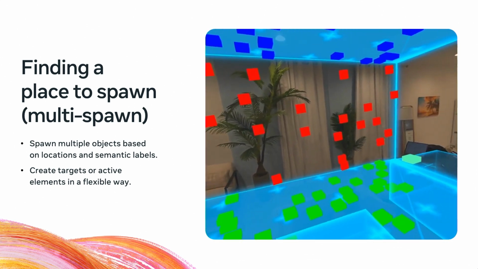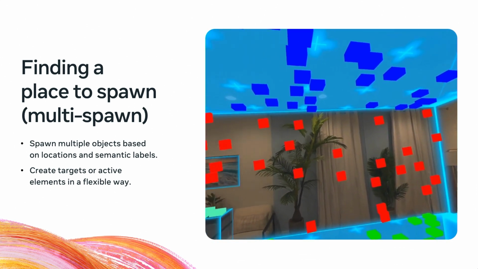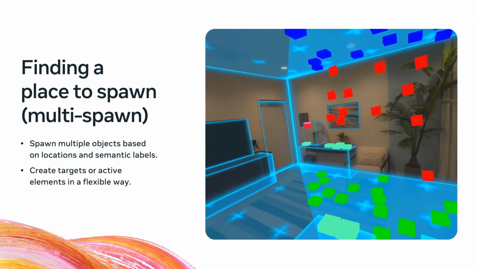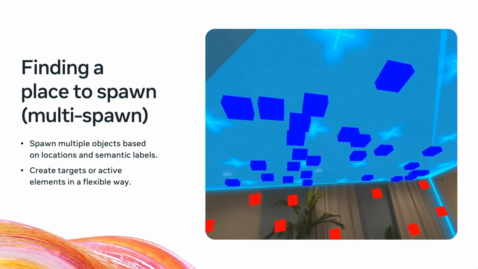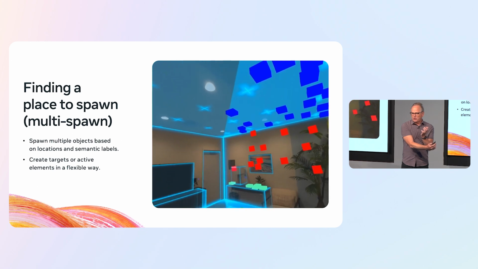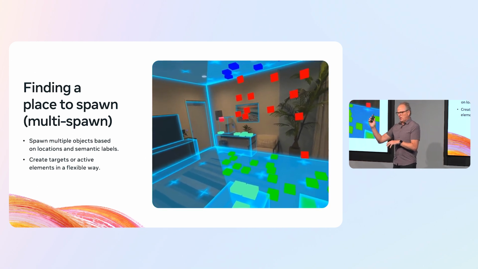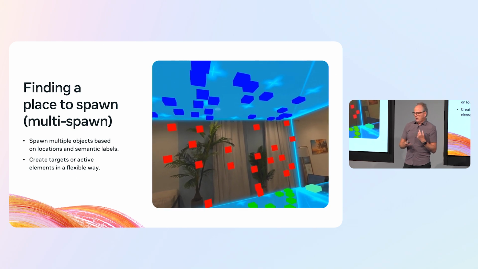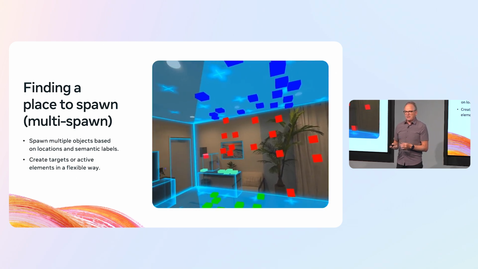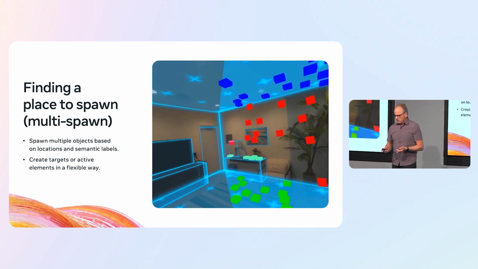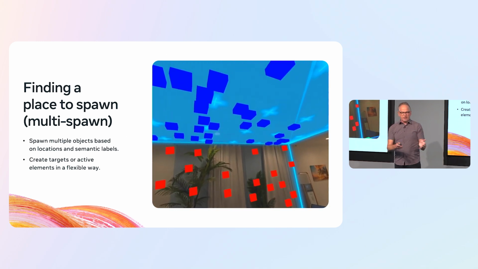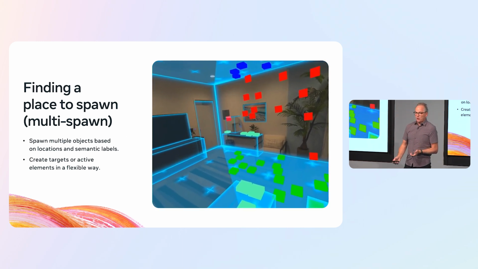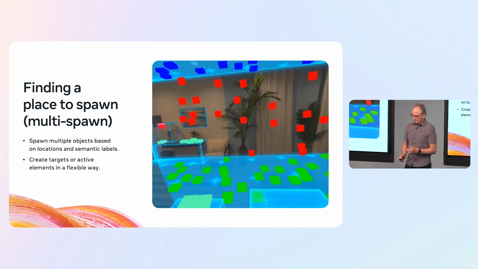But the real power of this particular API is it gives you the ability to spawn random objects selected by a filter that can control orientation, proximity, amount of space, the type of object with a semantic label, a bunch of different parameters, and you can use it to adapt to play your particular game in a variety of different rooms without knowing what kind of room you're going into.